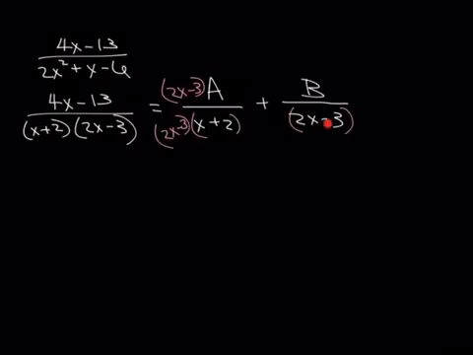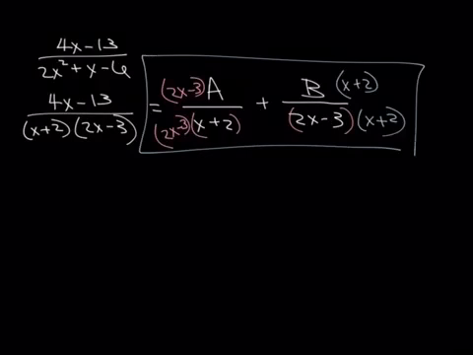Now I look here and say, what am I missing here? I'm missing an x plus 2. Okay? Now let's write what I have here. Since my denominators are the same, I can put everything together, right?